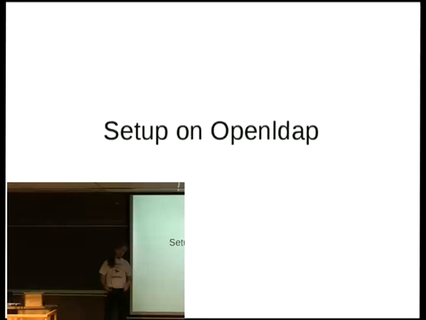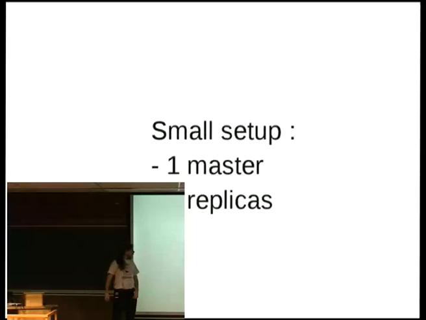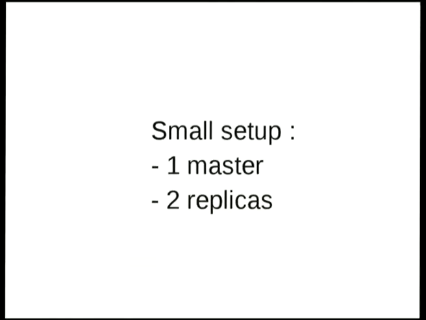We didn't really have a choice about the server. It's either OpenLDAP or the server from Red Hat, and OpenLDAP was packaged, and the Red Hat Directory Server was not, so it was easy. It's a small setup. We have only 10 computers, so we have one master and 2 replicas in case of a problem in the master.